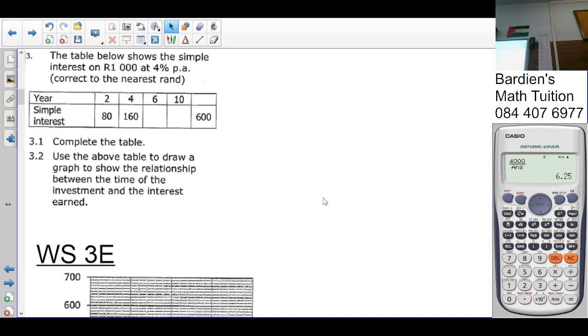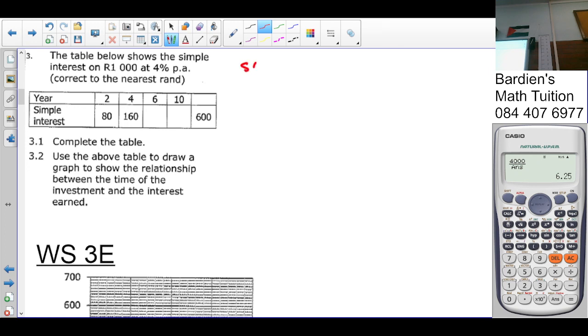Right, number 3. The table below shows the simple interest on 1,000 Rand at 4% per annum, correct to the nearest Rand. Complete the table. So the simple interest, we're calculating SI only. So I'm going to use that formula.